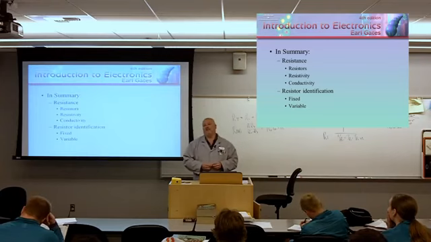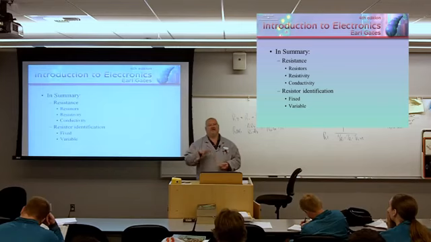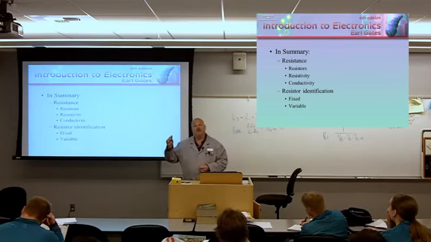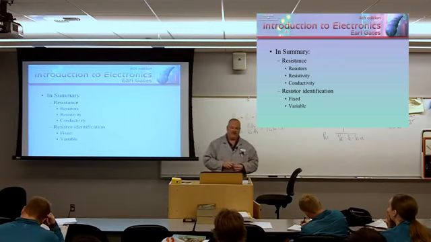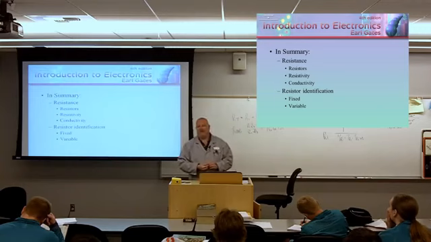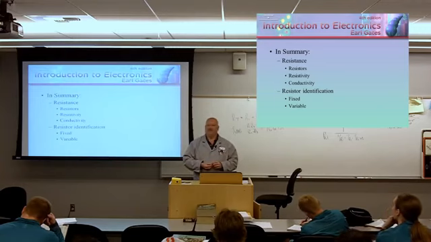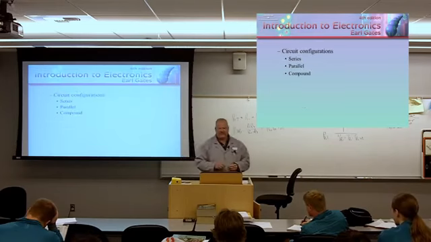Resistivity, that property that we compare the resistivity of everything to that of silver. Silver, the best conductor found in nature. Conductivity, the reciprocal of resistance, measured in mhos, or typically millimhos. Resistor identification for fixed values and variable values.